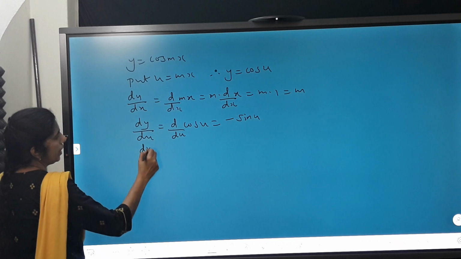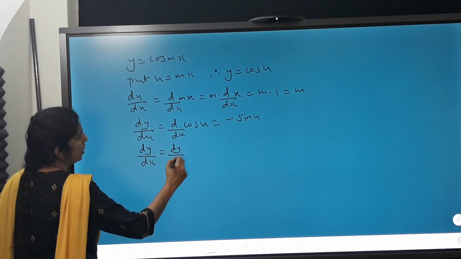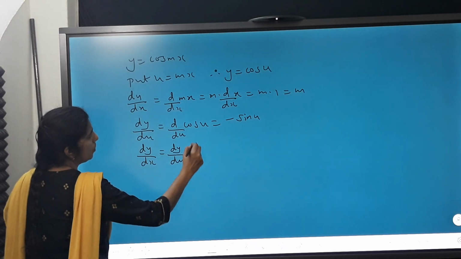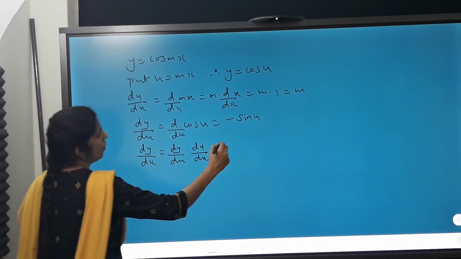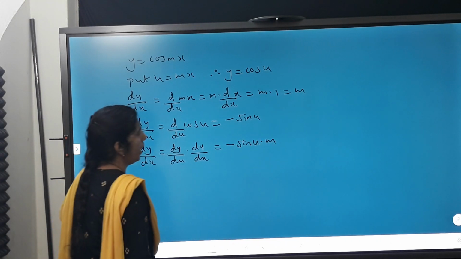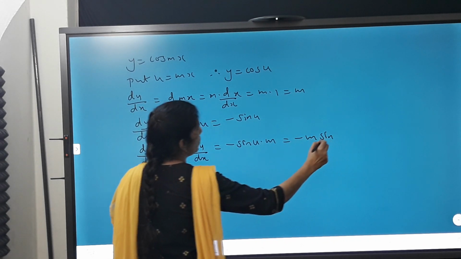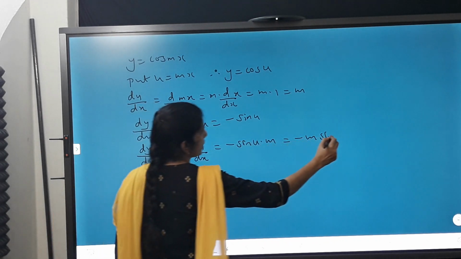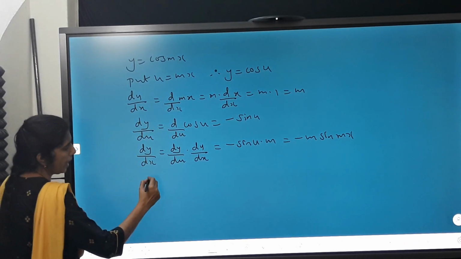So we have dy by dx equal to dy by du into du by dx, that is equal to minus sin u into m, that is equal to minus m into sine of u, where u is mx, so it is minus m into sine mx.